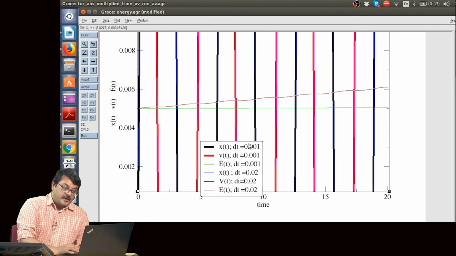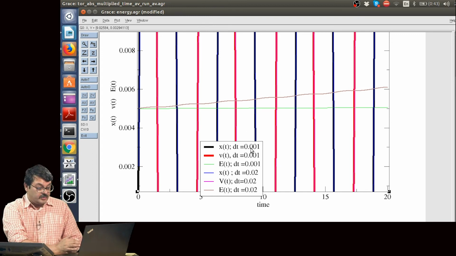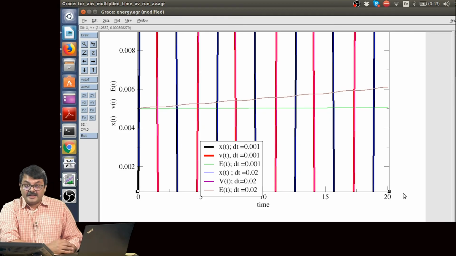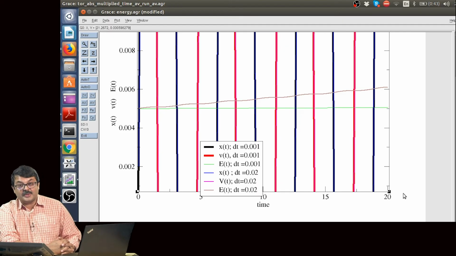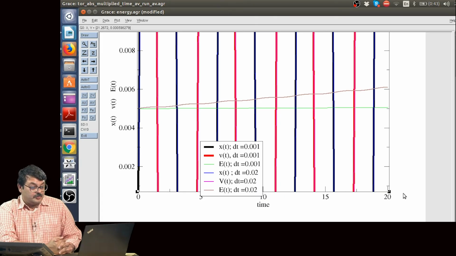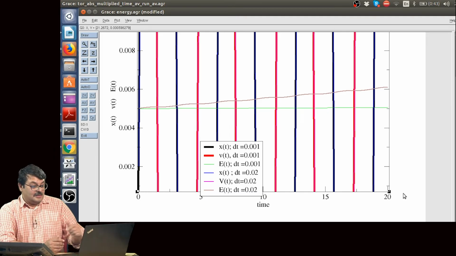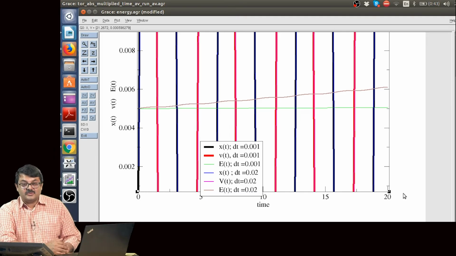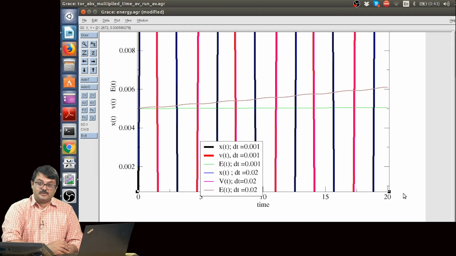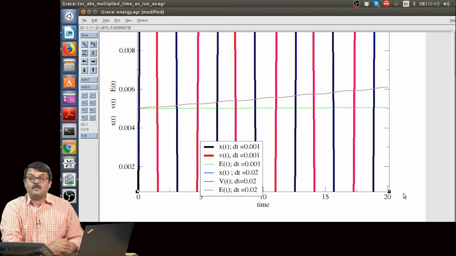On the other hand, if you had 0.001 to run for time equal to 20, the number of iterations you would need is 20 by 0.001, that is 20,000. So, 20,000 iterations when you have dt equal to 0.001 for a time range of 20, and just 1000 iterations when you have dt equal to 0.02.